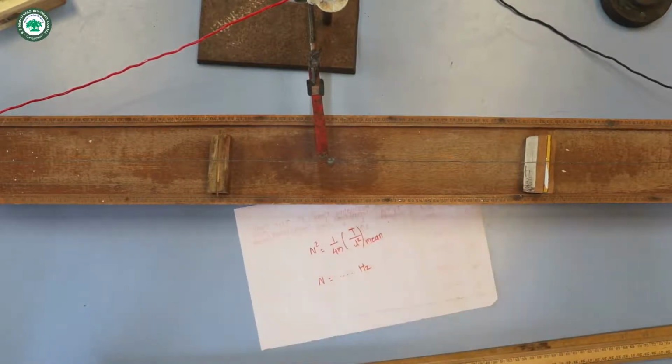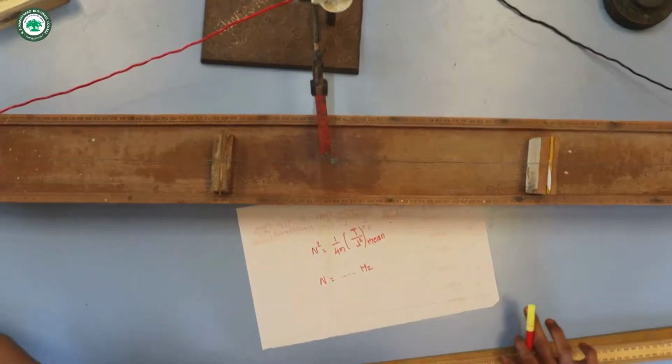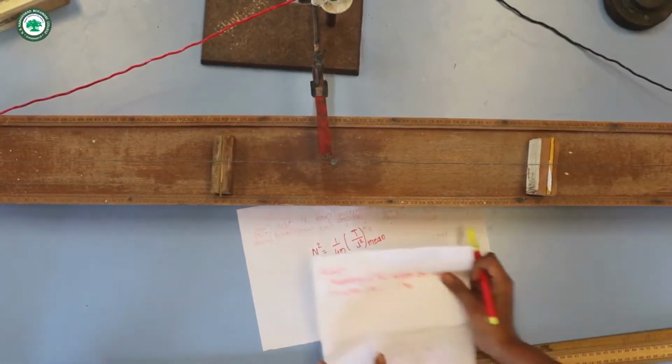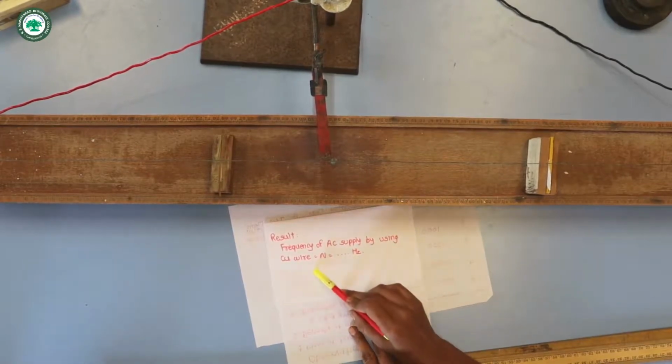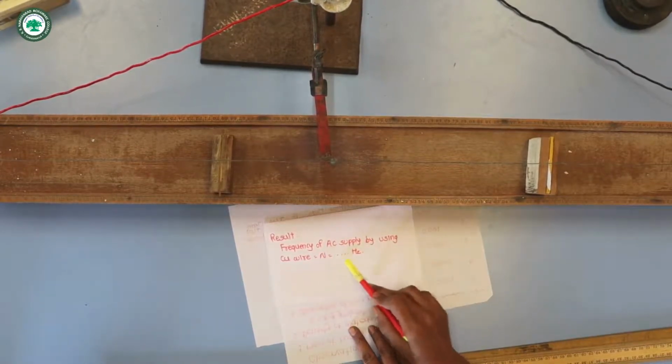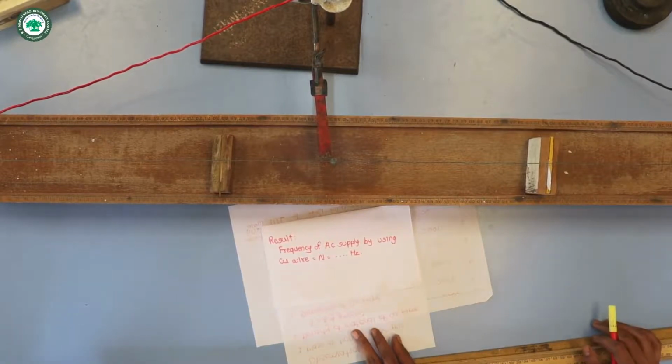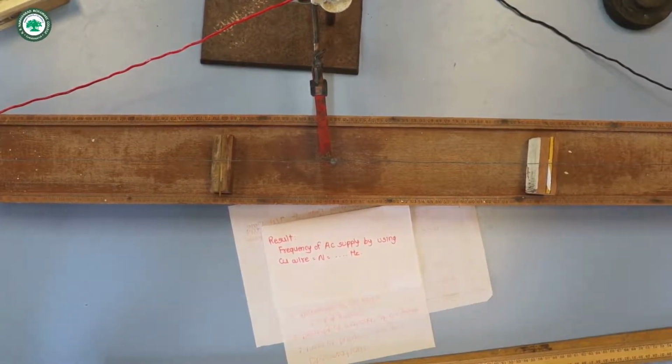So for this experiment, one may write the result, that is the frequency of AC supply by using copper wire is equal to n is equal to ... hertz.